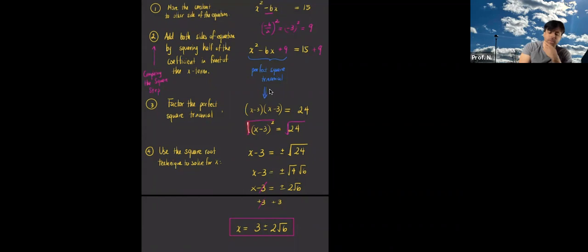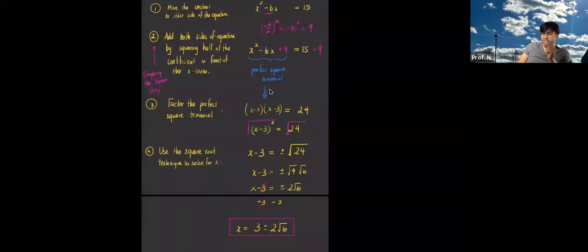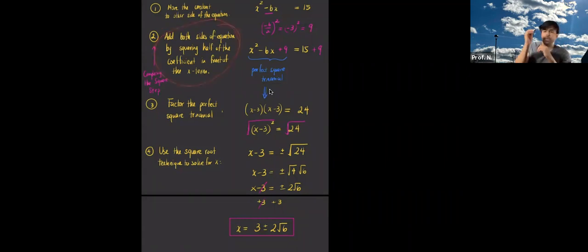So knowing how to use the square root method is necessary to get to the solution of this quadratic equation. The key step is adding the square of half of the number in front of the x, because this very step will always create a perfect square trinomial, always. That's how perfect square trinomials are constructed.